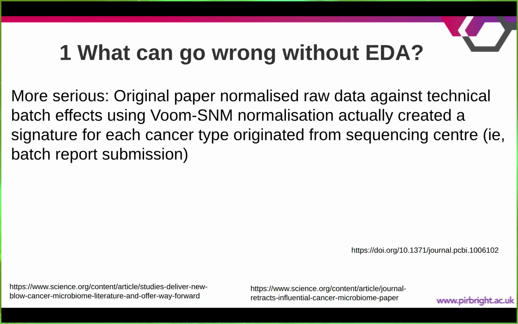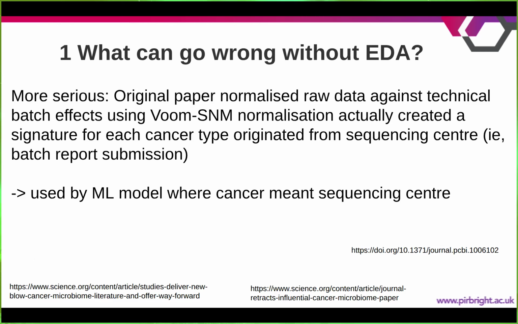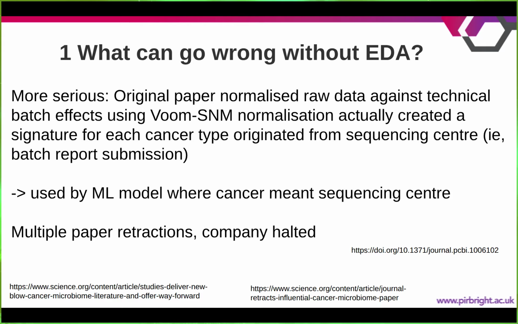Because the samples were organized by time, you had a batch of samples from a particular center, and because it was segregated by time, this cancer signature was derived essentially from the time and sequencing center. These are correlated, and that was the issue with AI-related models, that they tend to just take whatever data is there, even if it's not useful, informative, or shouldn't be there. And this led to multiple paper retractions, and the company halted.